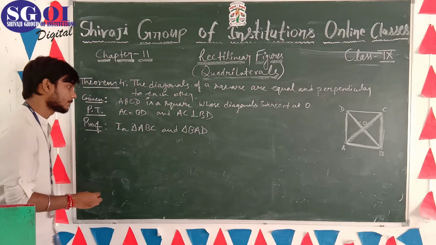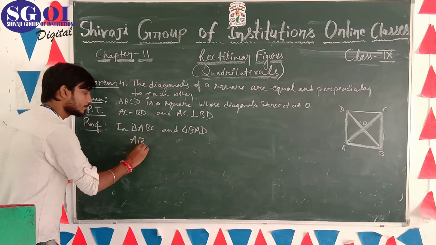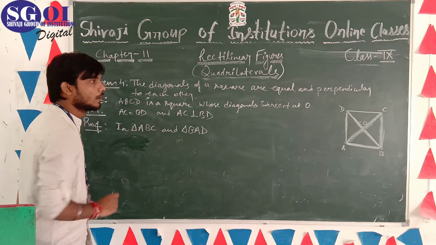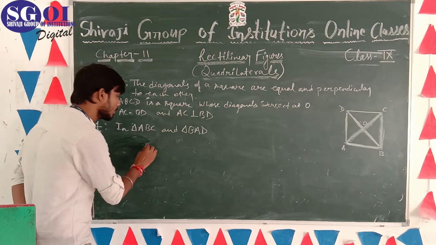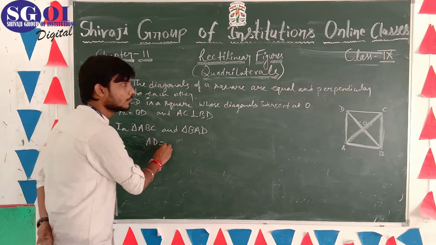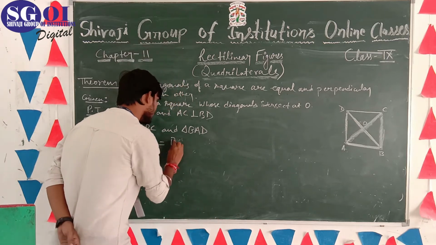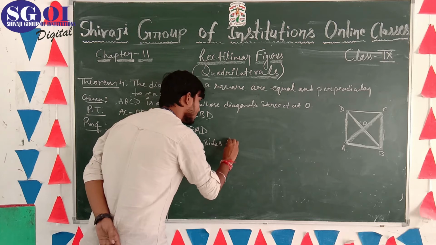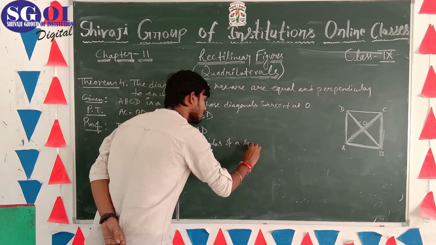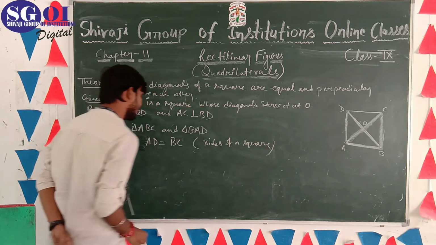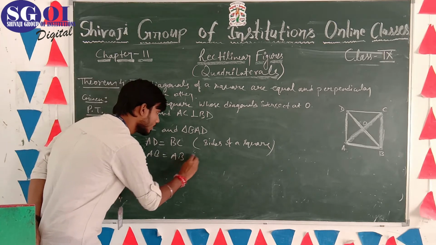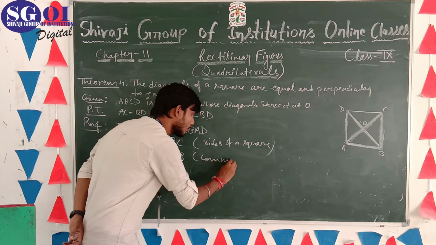Now in these 2 triangles, AB is equal to, AD is equal to BC because it is a square, sides of a square, and AB is equal to AB, common side.